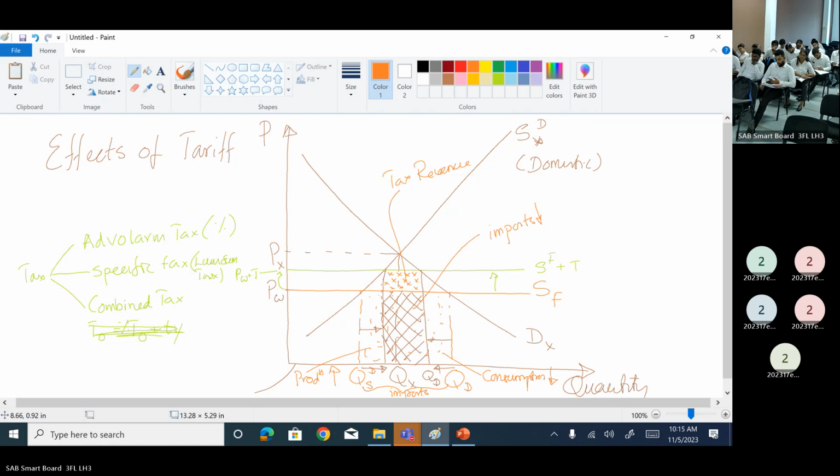And what is this? The blue shaded area. What is that?